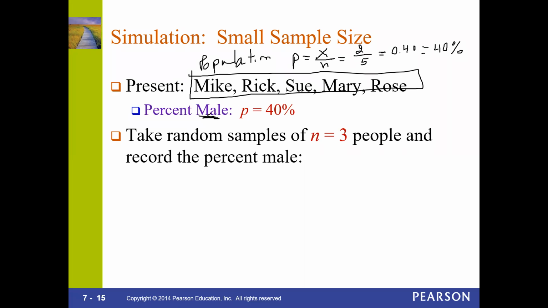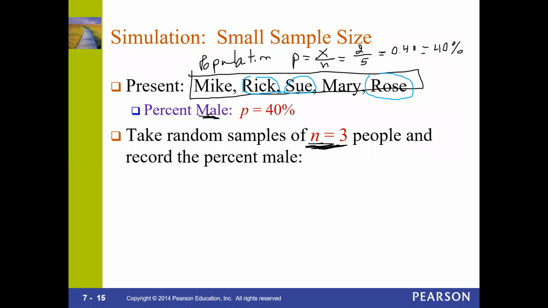I would like to select a random sample of 3 people, just 3 people only out of these guys. So I can either, let me use a different color, blue. Suppose my first selection will be Rick, Sue, and Rose.